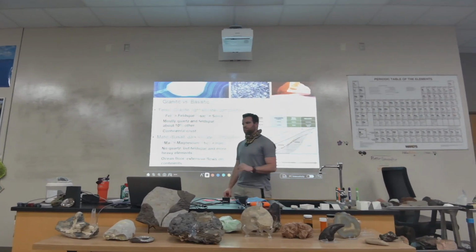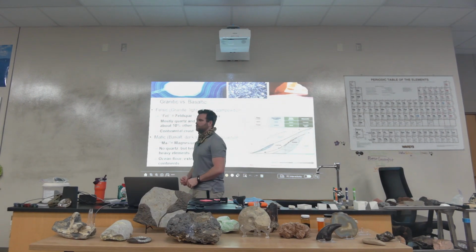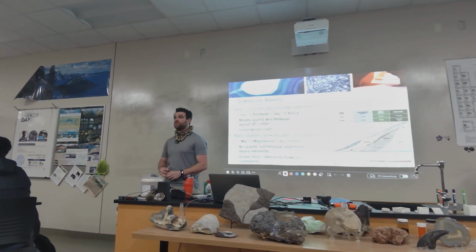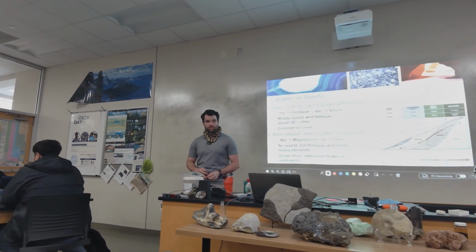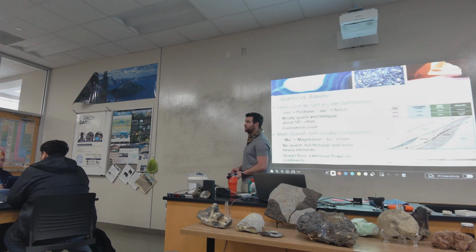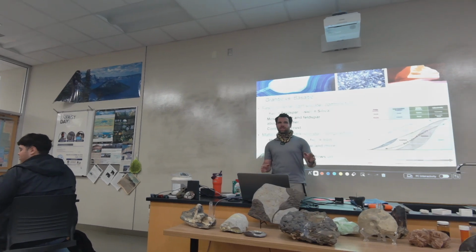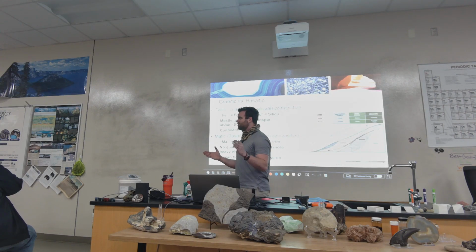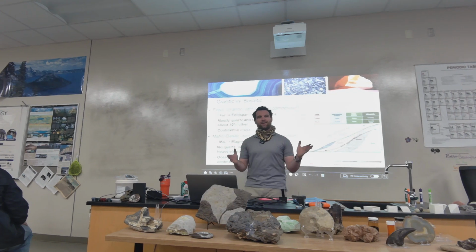Now I mentioned silica. What does silica have to do with anything? Remember that silica is required for those silicon tetrahedrons to form, right? You can't have a silicate mineral without silica to make the silicon tetrahedrons. There is an inverse relationship between the amount of silica available in my magma and the dark silicates in that magma.